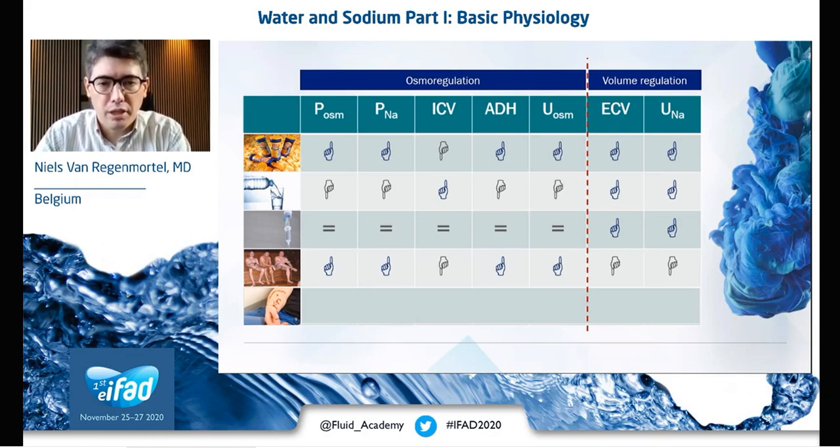But first, intracellular volume will decrease, and one of the symptoms of dehydration is mental change. When plasma osmolality increases, we now know that antidiuretic hormone will be secreted, and this will lead to an increase of urinary osmolality.